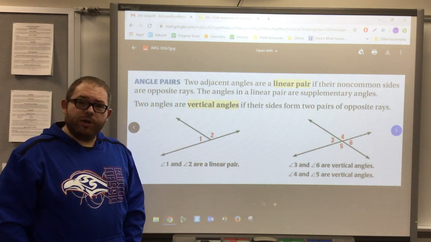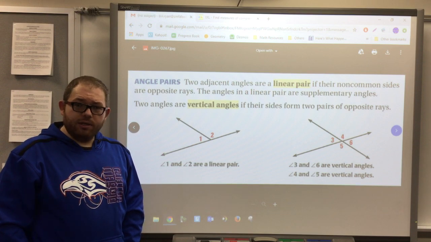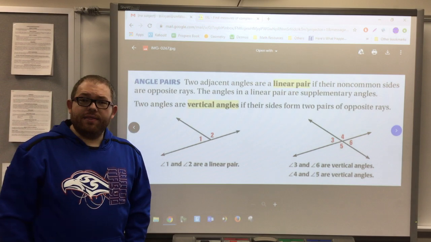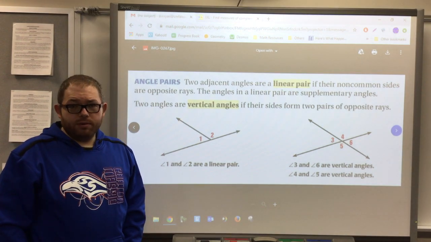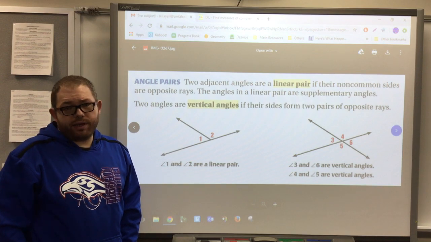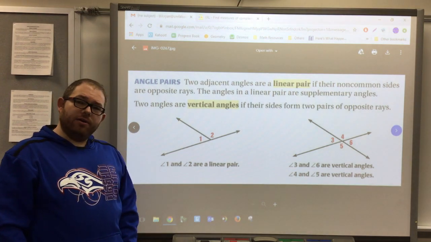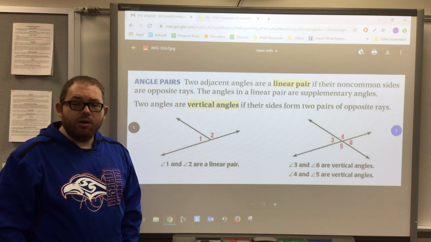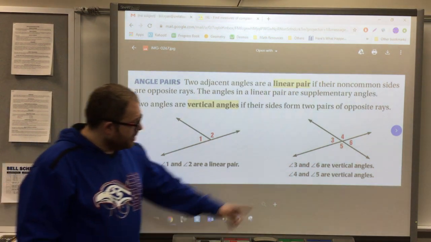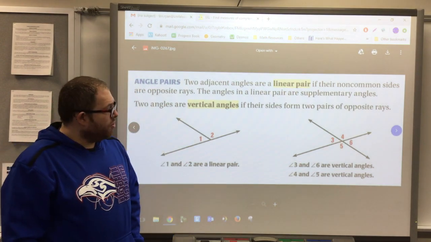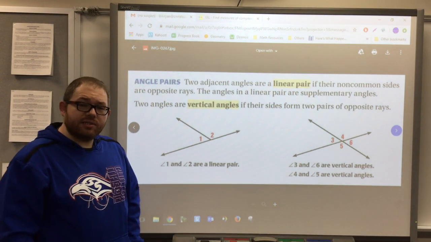Now the one term we learned about in this section was vertical angles. More than likely, that was a new term for you. But we ended up using vertical angles throughout the entire curriculum. Vertical angles are angles that are directly across from each other when lines intersect. The example here shows four angles named 3, 4, 5, and 6.